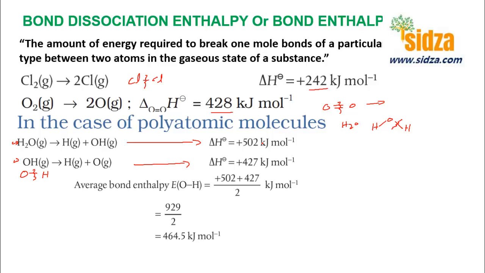We take the average of the two, 502 and 427 kilojoules divided by 2, that will be 464.5 kilojoules per mole. That means this is the average bond dissociation energy of the OH bond.